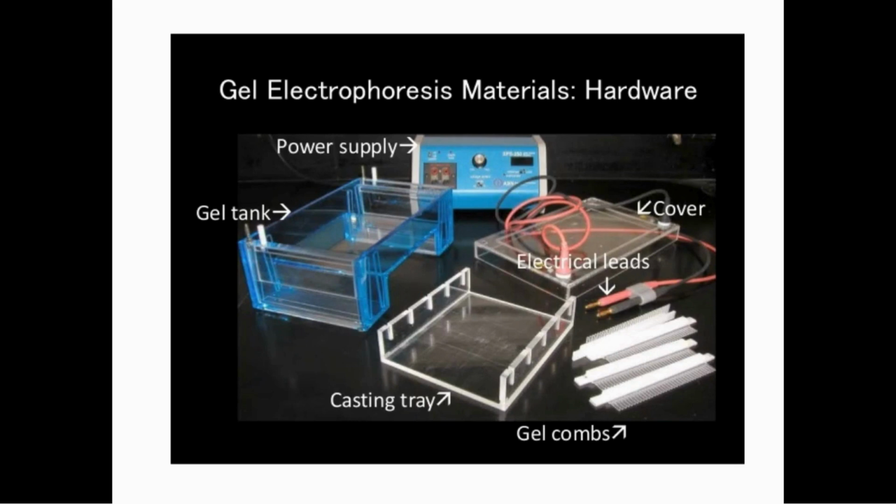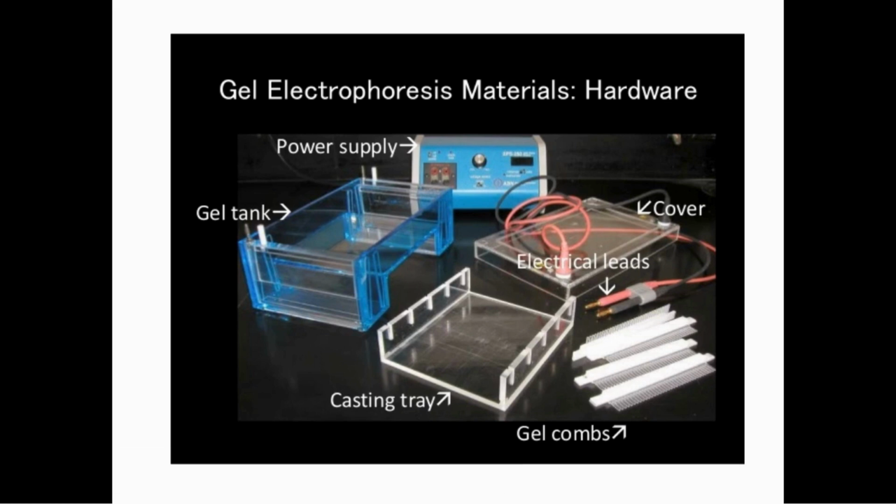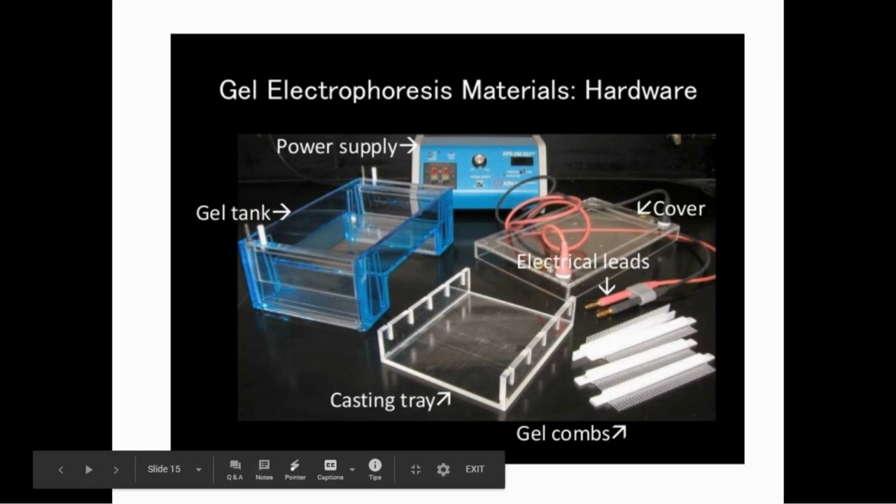These are the parts of a gel electrophoresis or hemoglobin electrophoresis machine. This is the hardware. This is the power supply, and this is the gel tank. This is the casting tray, electrical leads, the gel combs, and the cover.